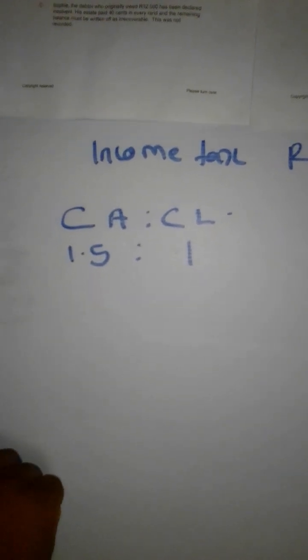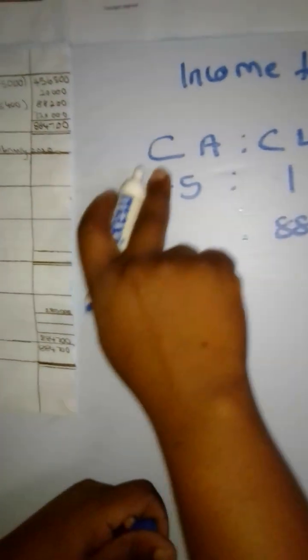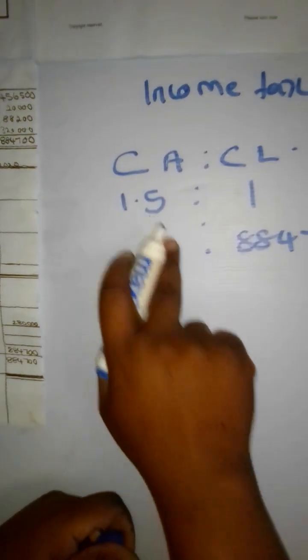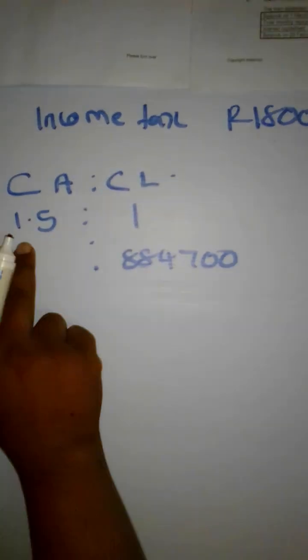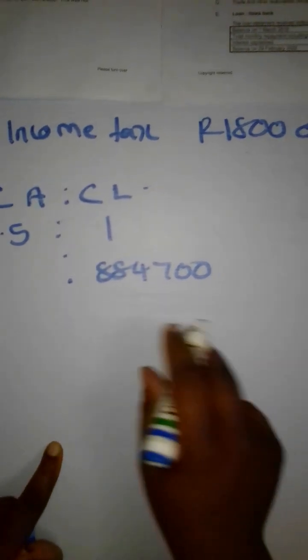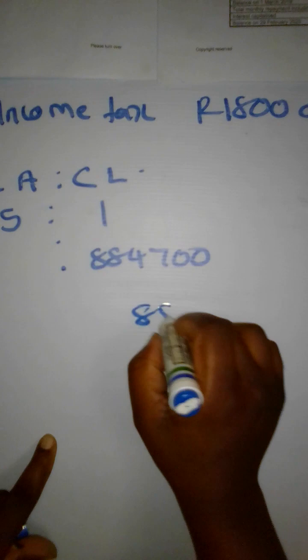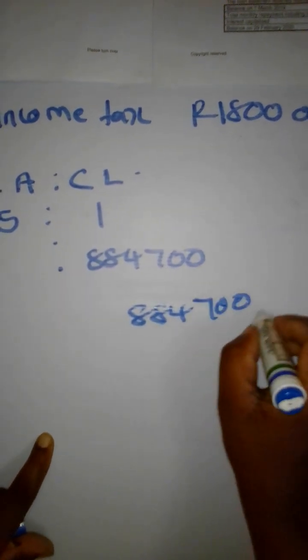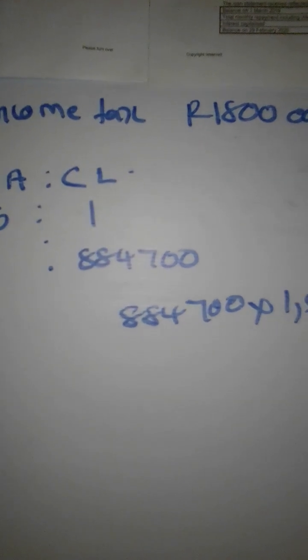This 884,700 is indicating 1, as to the current assets being 1.5. So how do we get the current assets? We are simply going to say 884,700 multiplied by 1.5 to get the current assets.